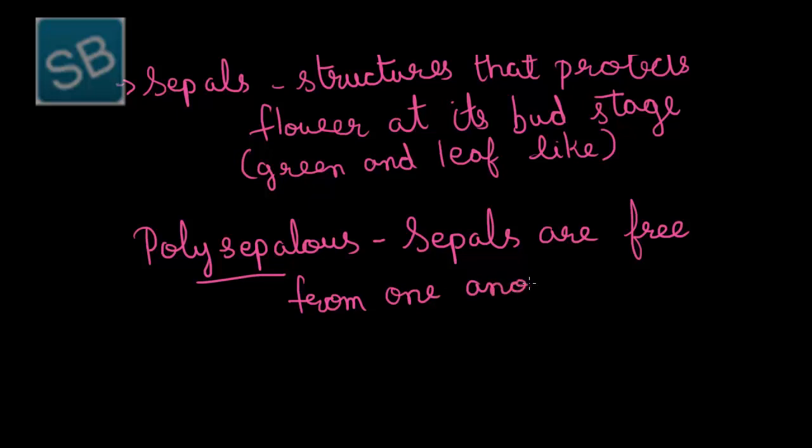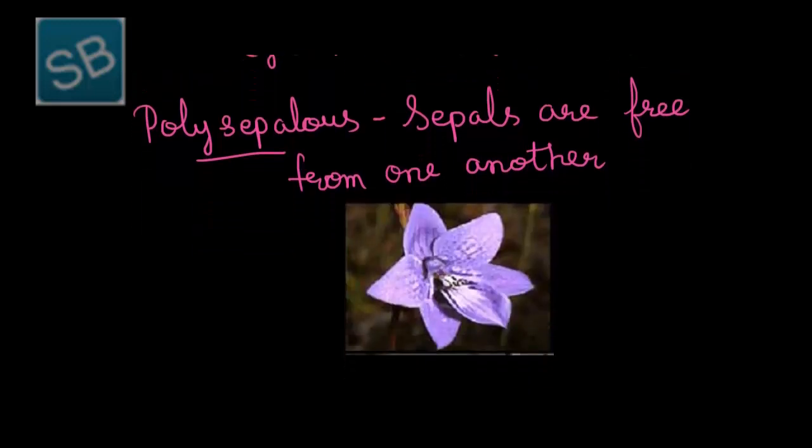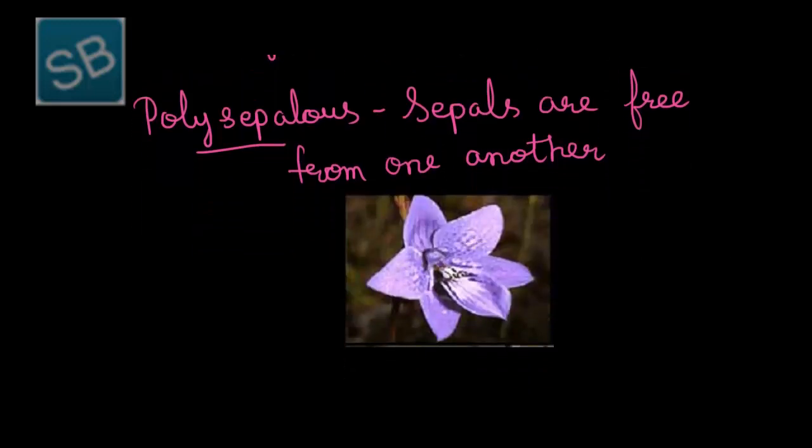Such an arrangement of sepals on the flower is known as polysepalous. This is a figure of flower which exhibits calyx formation in a polysepalous form. That is, here the sepals are arranged free from one another.